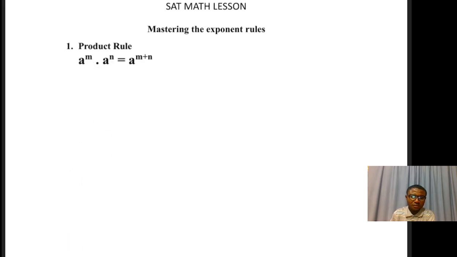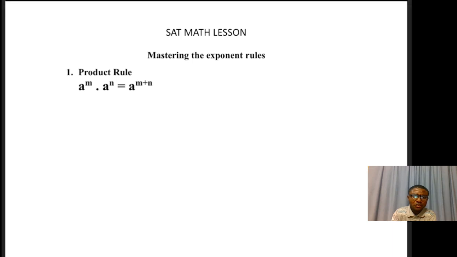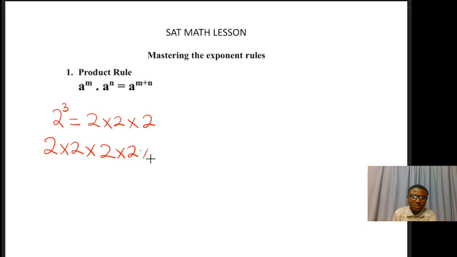For instance, you know that 2 raised to the power of 3 is equal to 2 times 2 times 2, right? Also 2 times 2 times 2 times 2 times 2, this is 1 2 3 4 5, is the same thing as 2 to the power of 5.